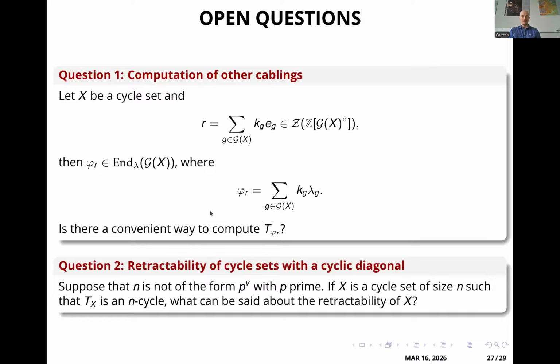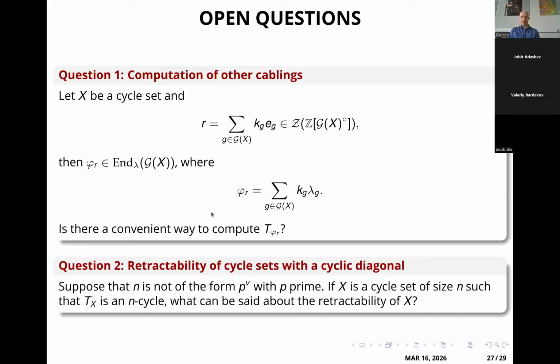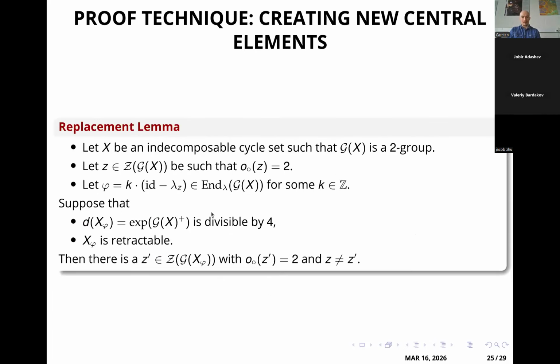Furthermore, we have said something about cycle sets whose diagonal is a full n-cycle. And now the question is, how can we generalize these results? Because we are very dependent on the fact that we, on one hand, have non-trivial central elements to cable with.